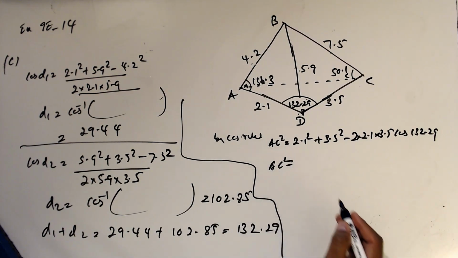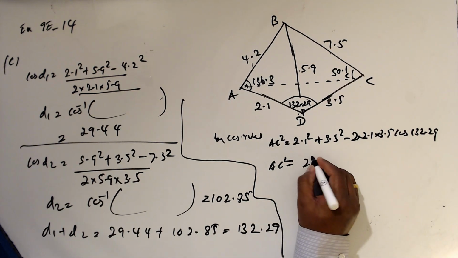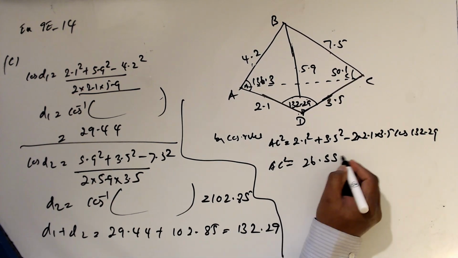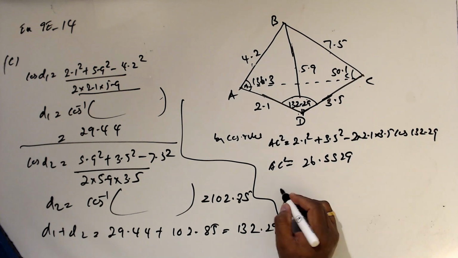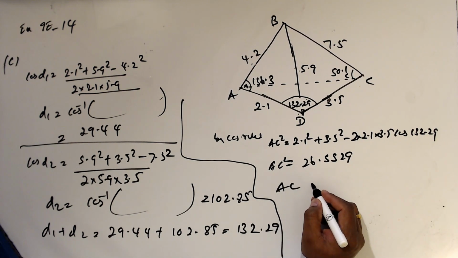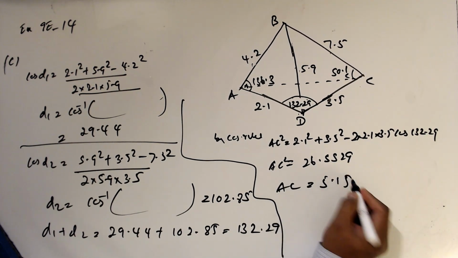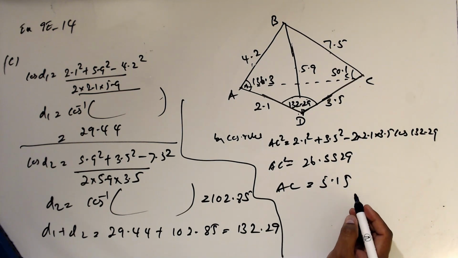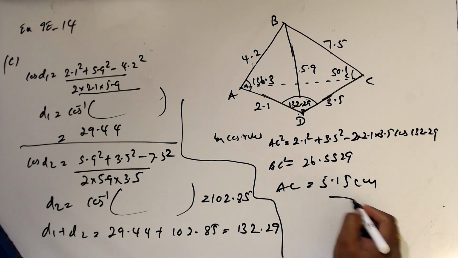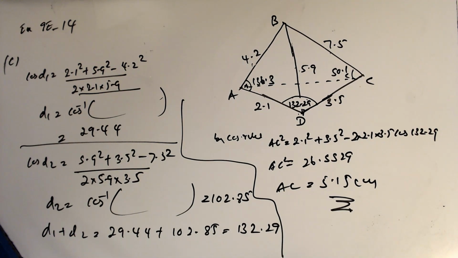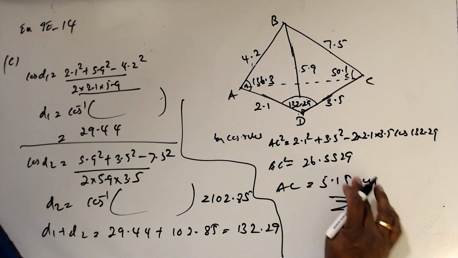So AC square is 26.55 around. So AC equal 5.15 approximately centimeter. Sorry, it's meter.